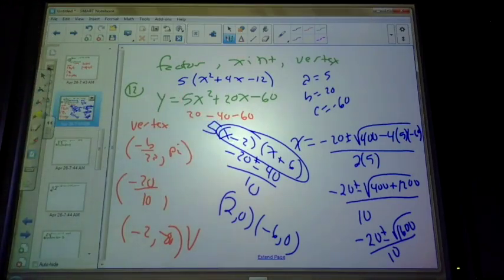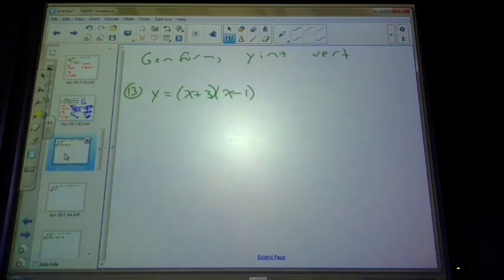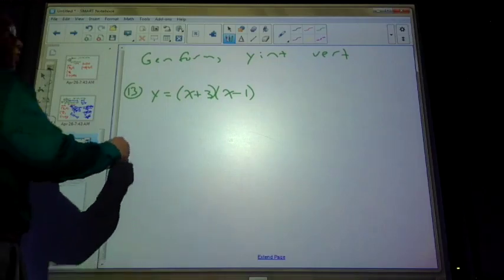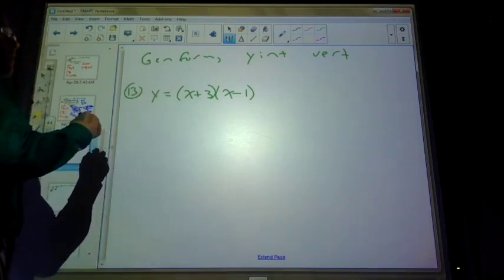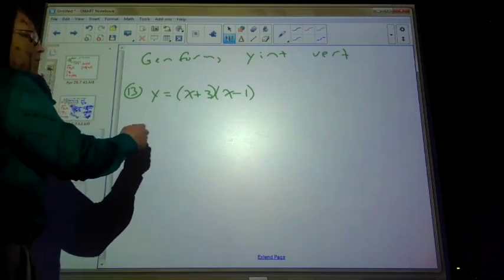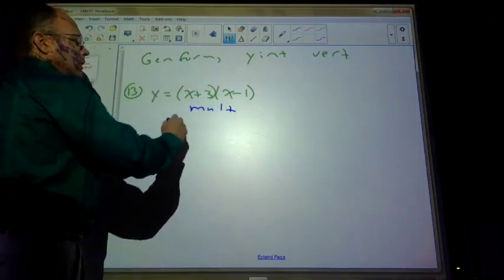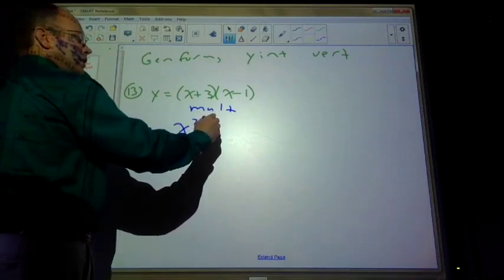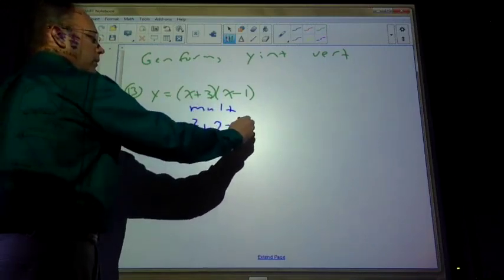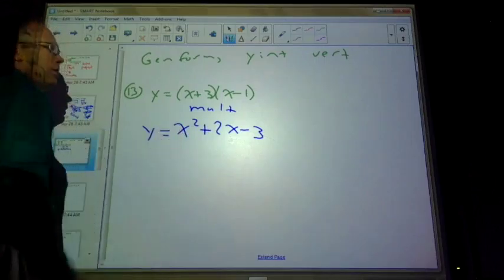I tell you what. Only 3,000 more slides to go. General form, x-intercept or y-intercept, vertex. So for the general form, I just need to multiply this out. Plus 3x, so it's going to be plus 2x minus 3. Here's our general form.